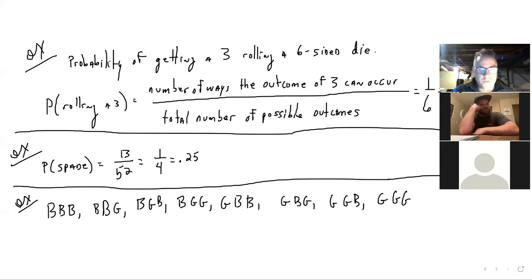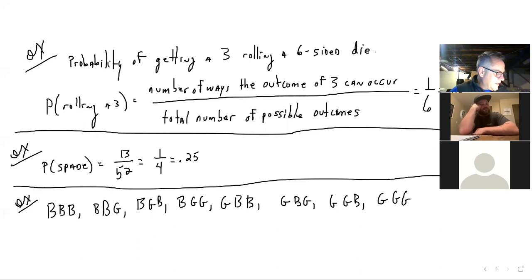On the first birth, the probability of getting a girl would be 1 out of 2. But the second one, there would be two possible outcomes. And the third, there would be two possible outcomes either. And then if you just went 2 times 2 times 2, that is 8. So, 8 possible outcomes.